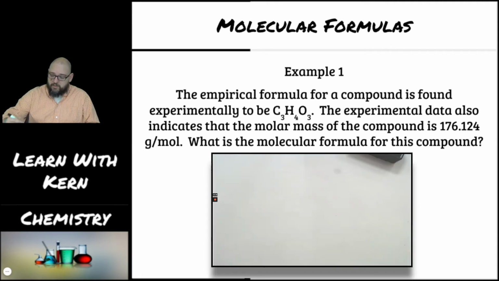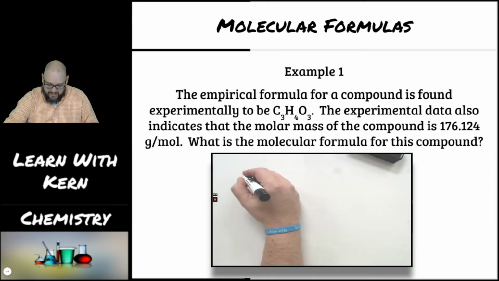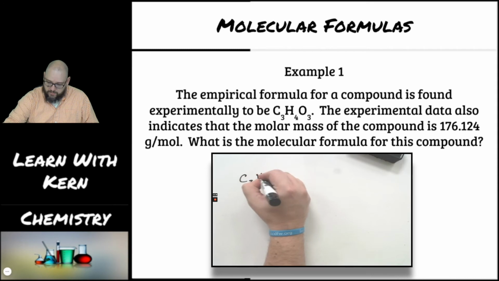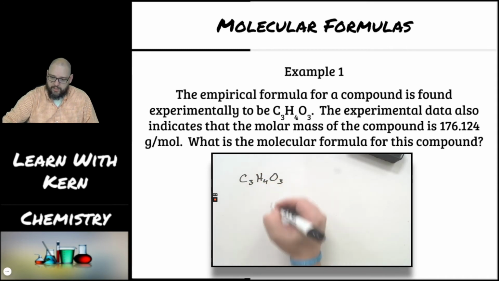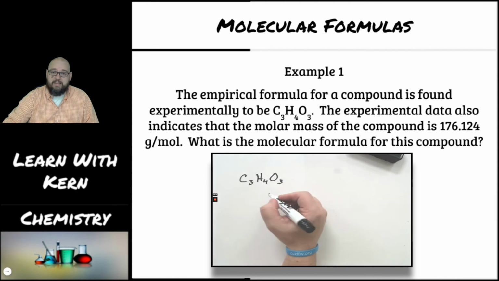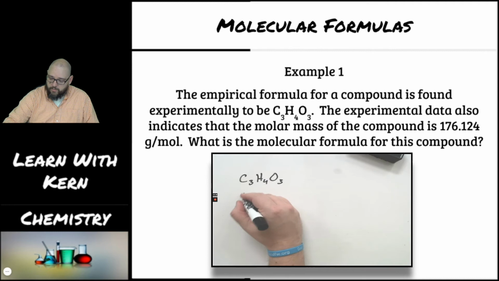So the first thing that we're going to have to do is, if I have C3H4O3, this is my empirical formula, I have to find the molar mass of this empirical formula. Well, carbon's mass is 12.011, and there are 3 of them.